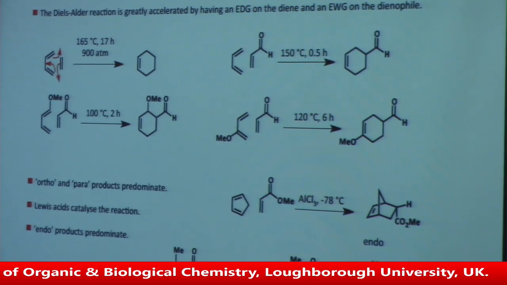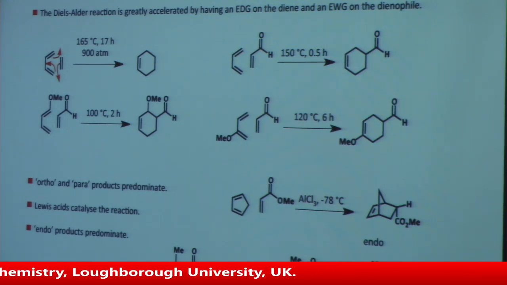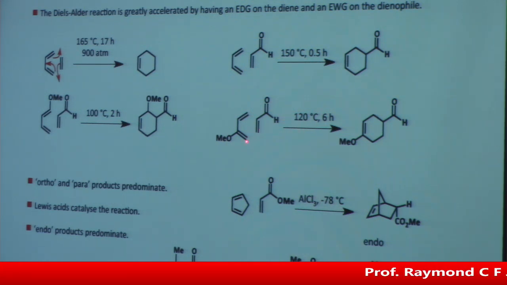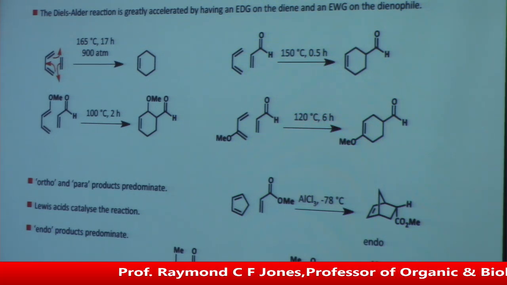I think we're talking here about the effect of substituents. Any conditions I've put on here are a little bit selected at random. You can find so many examples out there in the literature. I guess that's just to put some realism into it. And I'm sure if these compounds survived at 150 and the product did, then this would come down dramatically, I think.